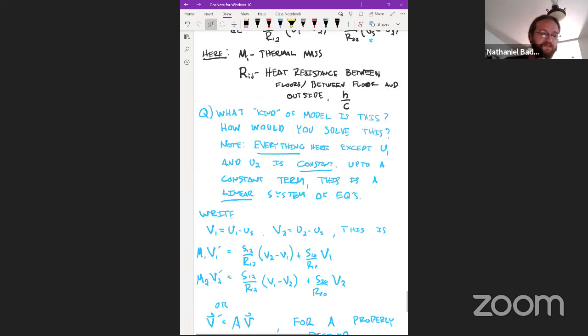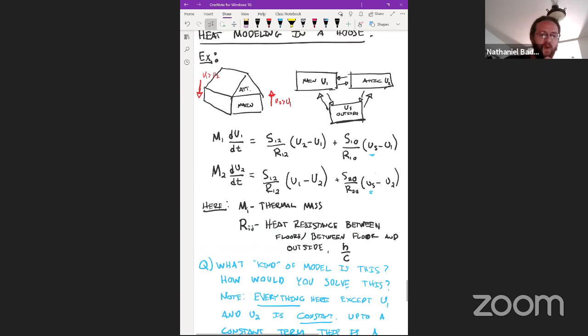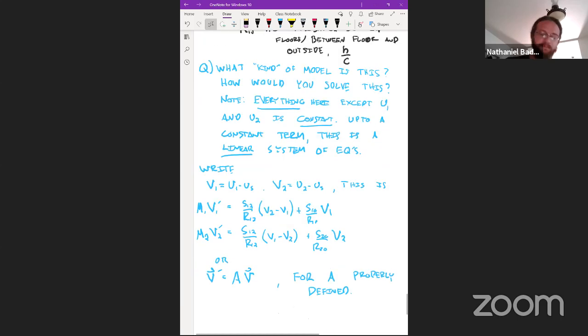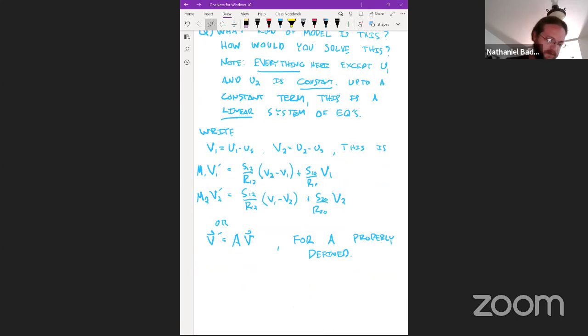And so actually, we can write quite general systems if we can just figure out how to write down this matrix. We can write and solve, I should say, very general such modeling problems.